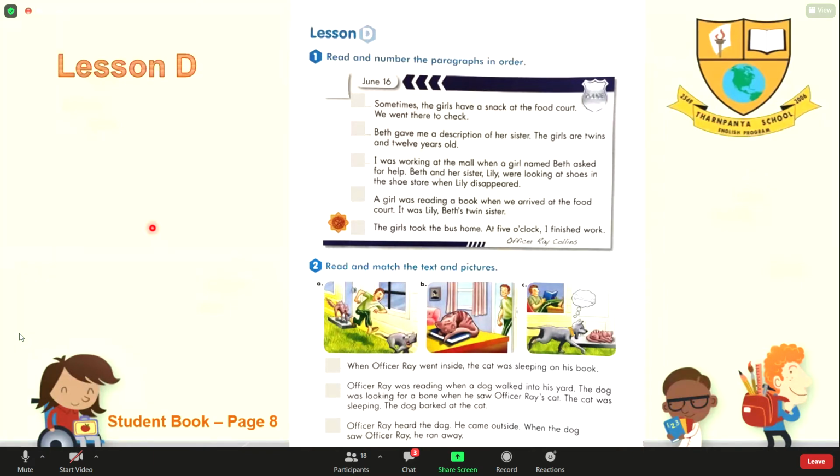A girl was reading a book when we arrived at the food court. It was Lily, Beth's twin sister. The girl took the bus home. At 5 o'clock, I finished work.